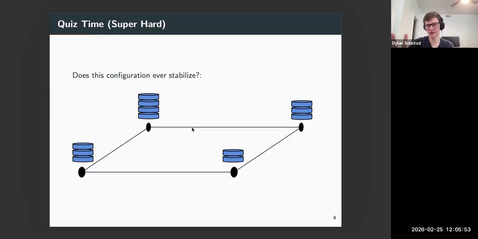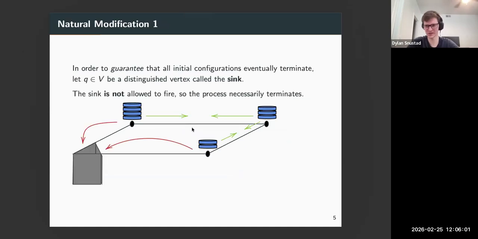And so there are two ways to remedy this issue. I'm going to mention them both, but we're really only going to care about one in this talk. The first is a natural modification where you literally just add a trash can. We turn one of these vertices into a trash can. Now, every time a chip gets fired into this trash can, it just leaves the game.